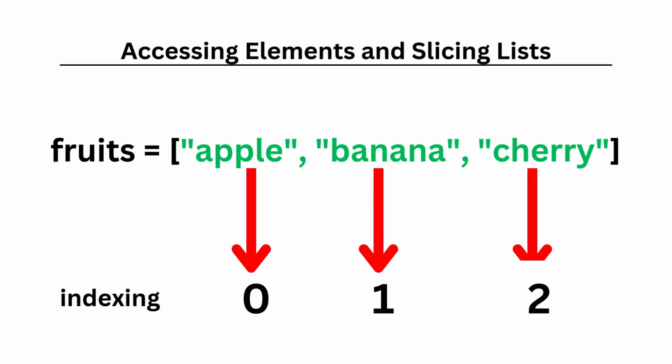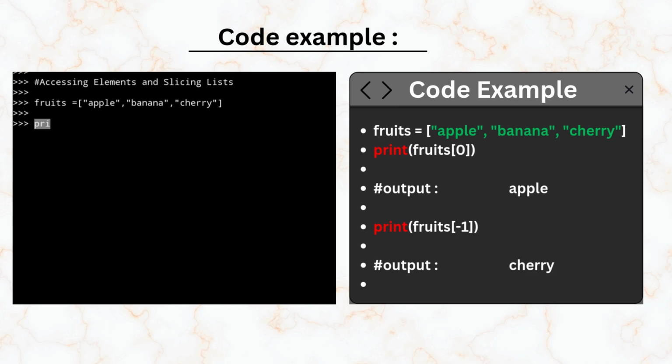Next, let's talk about accessing elements in a list. Python uses zero-based indexing, which means the first item is at index 0. Let's access the first and last elements of our fruits list. You can also slice lists to access a range of elements. This is a powerful feature for when you need to work with sub-lists.